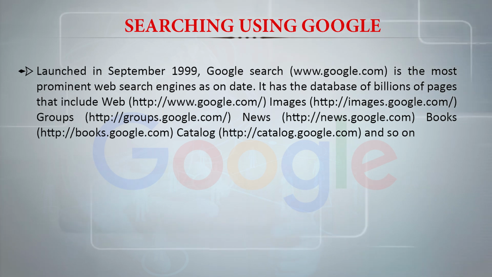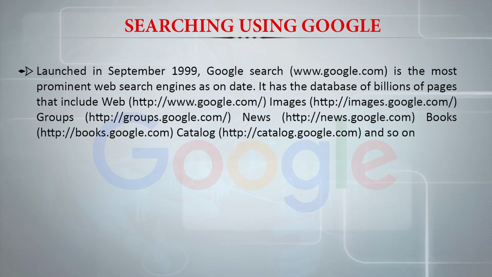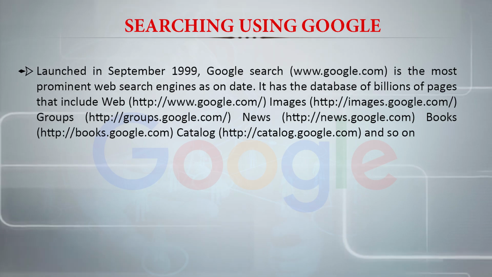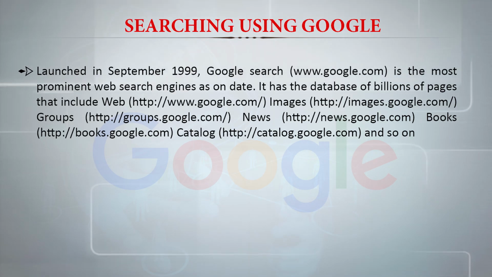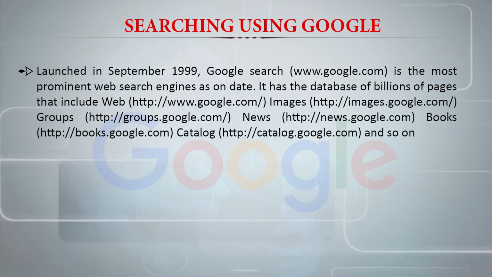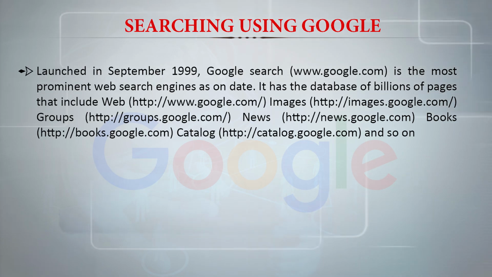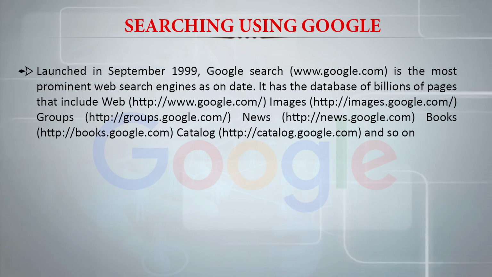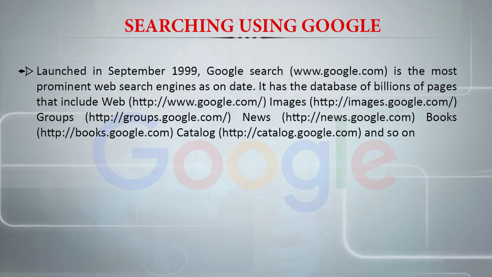Then we can learn the news from news.google.com and we can look for books, their catalogs and other things from books.google.com. And of course, for the catalog, more specifically, it will be catalog.google.com. There are many such categories which we can use directly on Google to get the output.